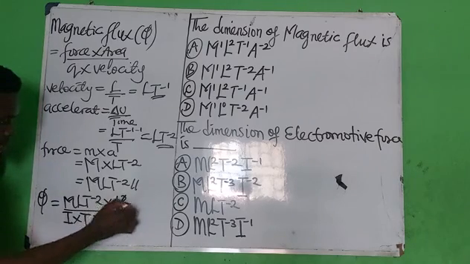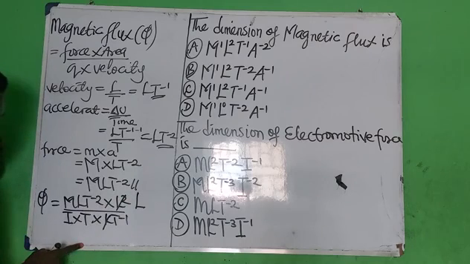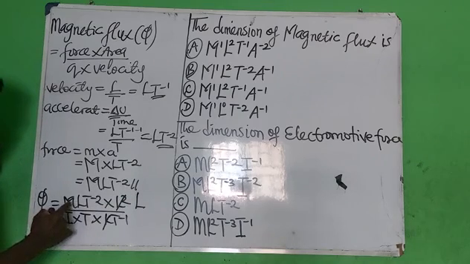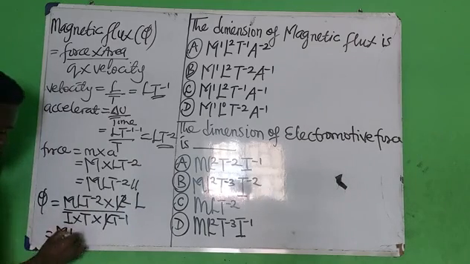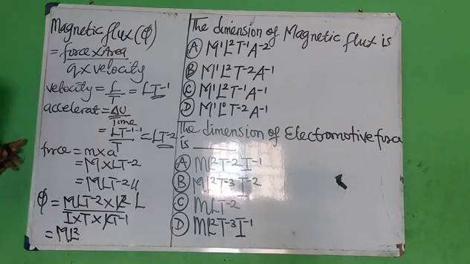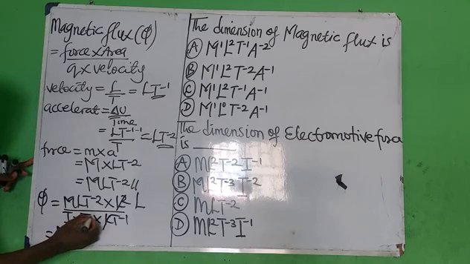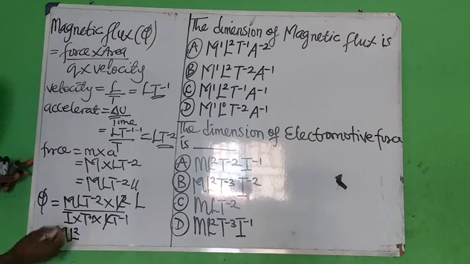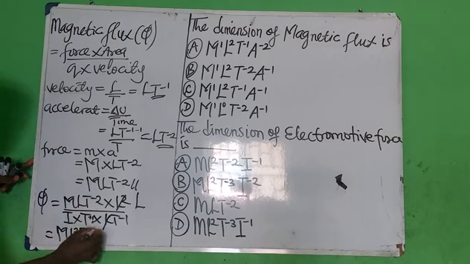You can see the reason I deduced it first. L will go into L, I'm left with L. So from here, I have M. L times L, I have L squared. There's an invisible plus 1 here, right? So plus 1 minus 1, it is nothing. So I'm left with I, just I. So don't forget you have T minus 2.